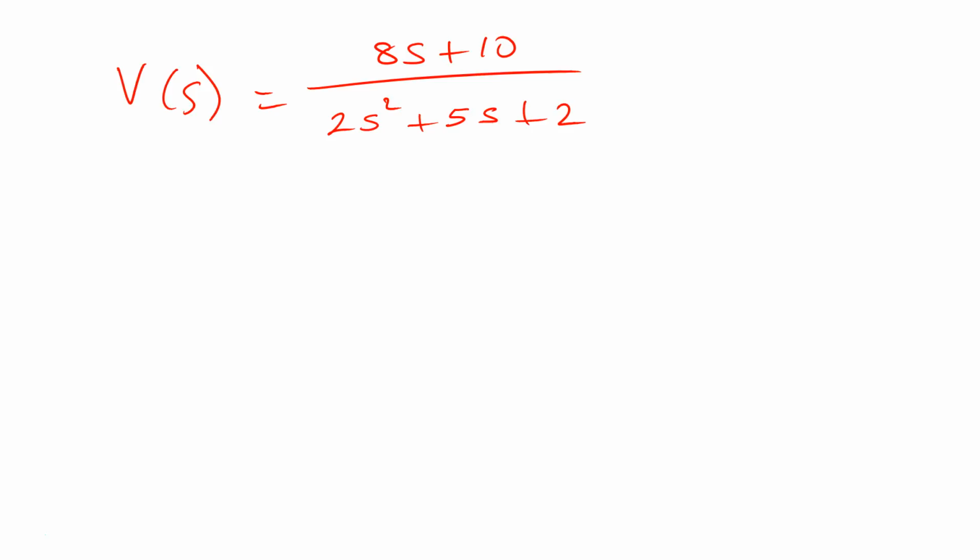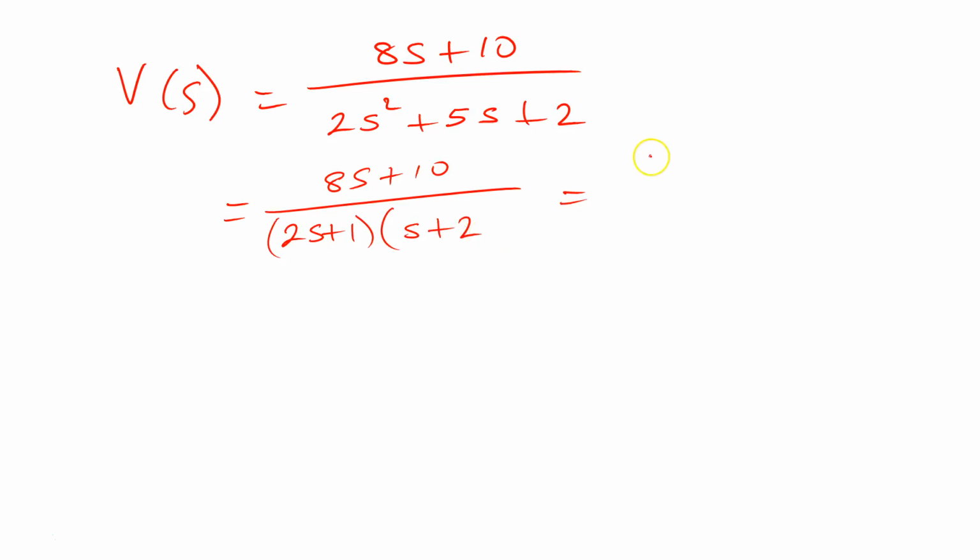So we're going to go through the same procedure we did before. We want to put this in forms which are familiar to us that we could find in the table. So I'm going to firstly factorize this, and I'll get 8s plus 10 over (2s plus 1) multiplied by (s plus 2).